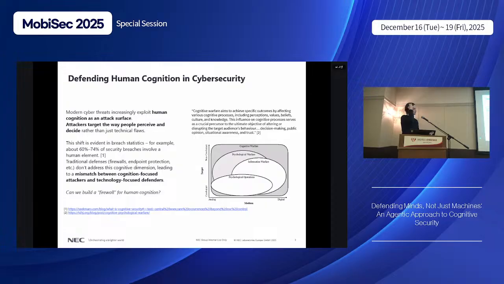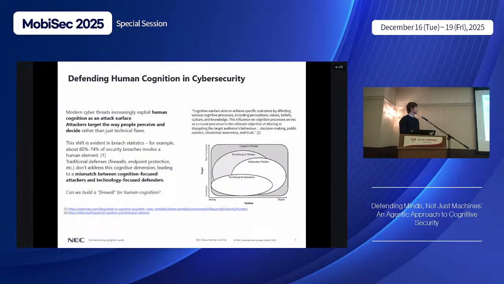So why human cognition? Modern cyber threats are increasingly exploiting human cognition as an attack surface. Attackers are targeting the way people perceive and decide rather than just focusing on technical flaws. This shift is evident in recent statistics that show that 60 to 74% of security breaches involve a human element.